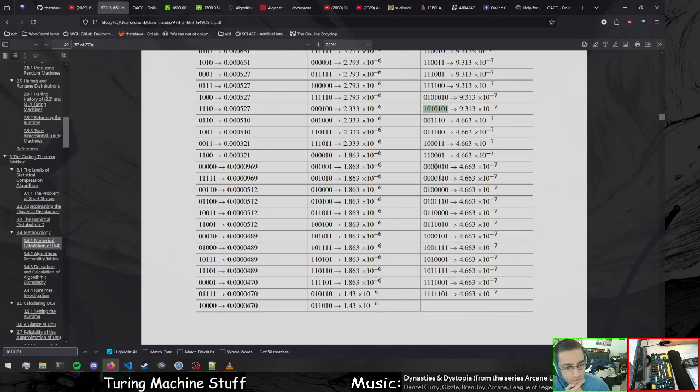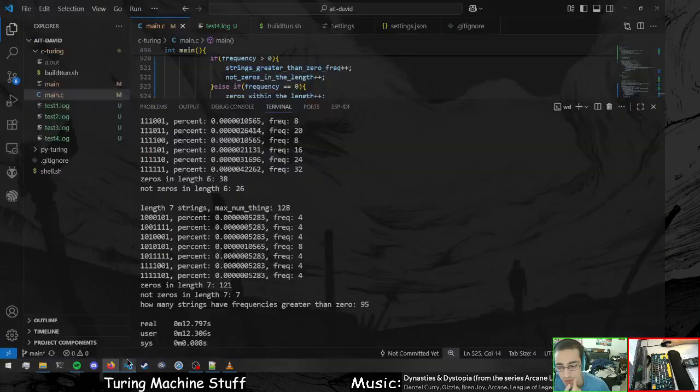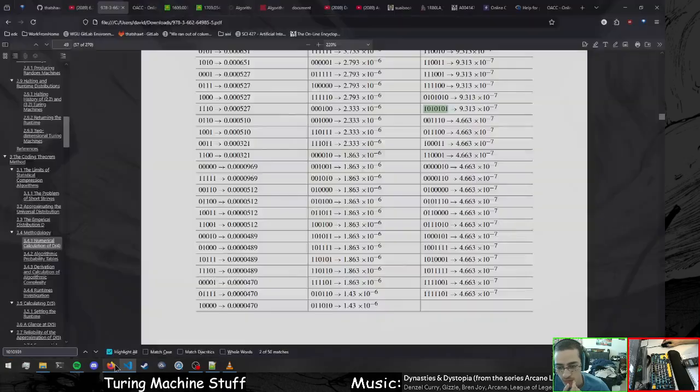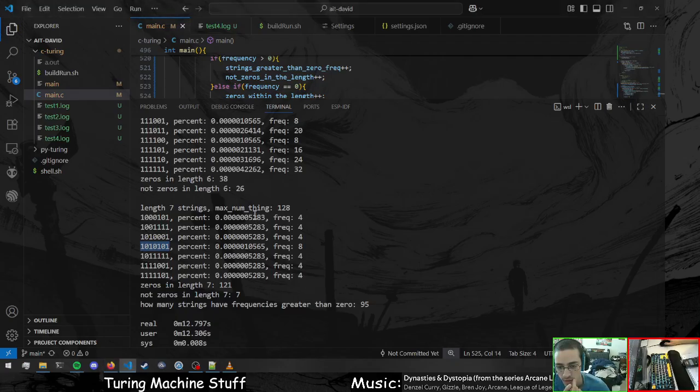Okay, and all of these have the same frequency, and these two have double the frequency of these. Let's see how that turns out. Okay, so right off the bat, I'm missing one of them. So I have this one, right? But I don't have this one. But it should be there, because I remember there's two of them that are supposed to be double the frequency, but I only have one of them that is double the frequency.